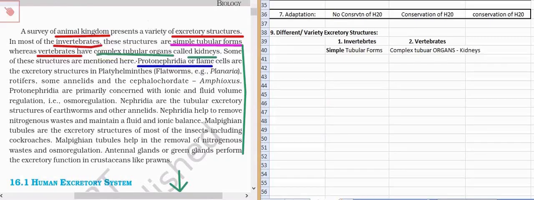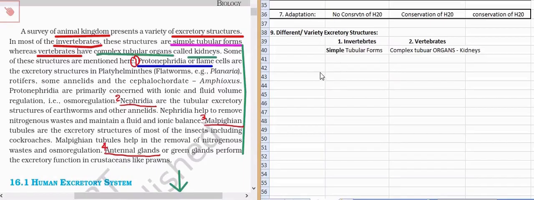Next is nephridia, number 2. Next, Malpighian tubules, number 3. Next, antennal glands, number 4. So four examples are given.